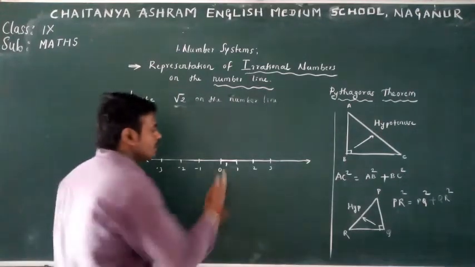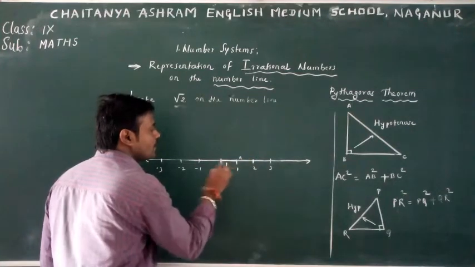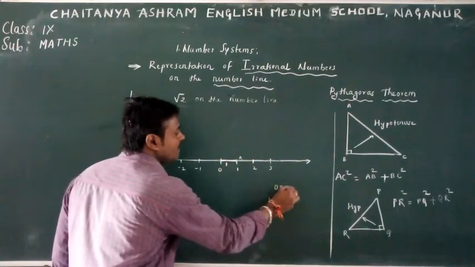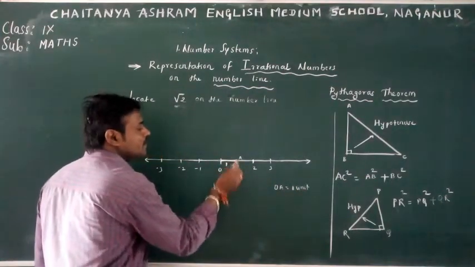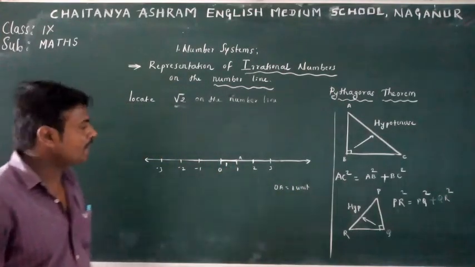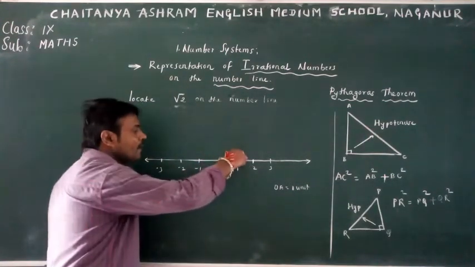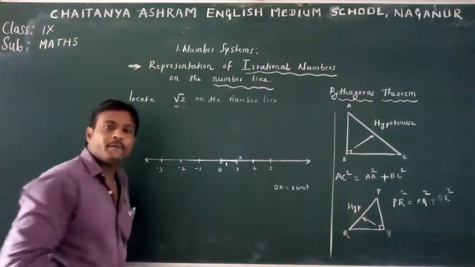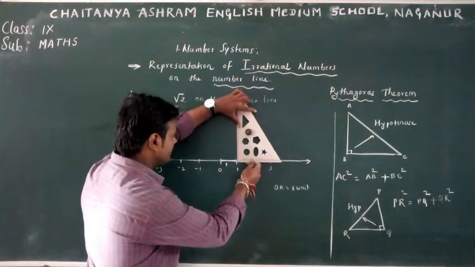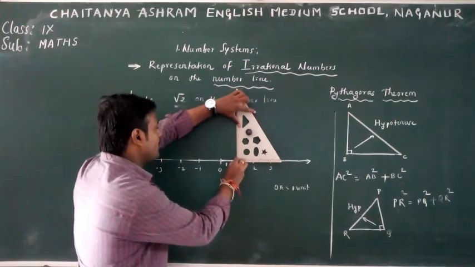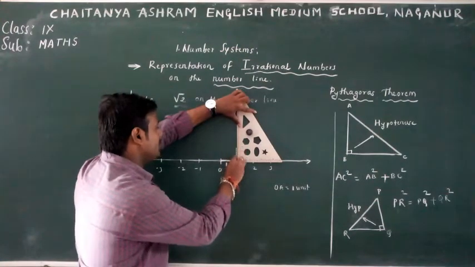Say this point is A. OA is how much? OA is 1 unit or 1 centimeter. At A, draw a perpendicular line of length 1 centimeter.